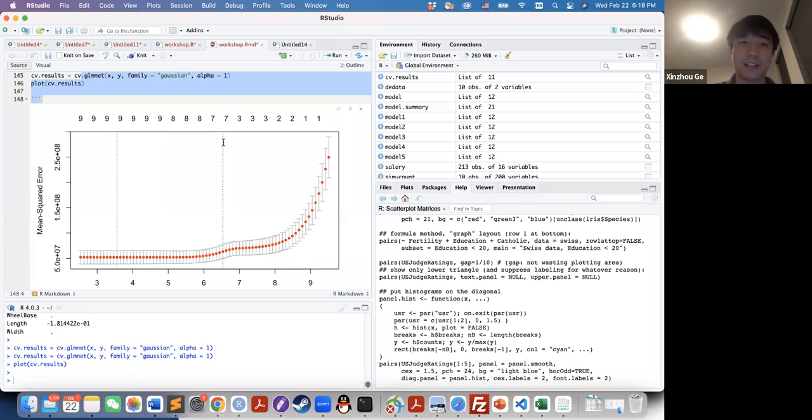So you can consider the second vertical line as the larger lambda which can still give a comparatively good mean squared error.